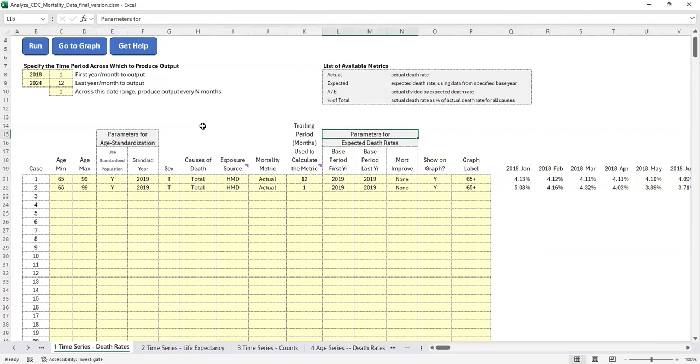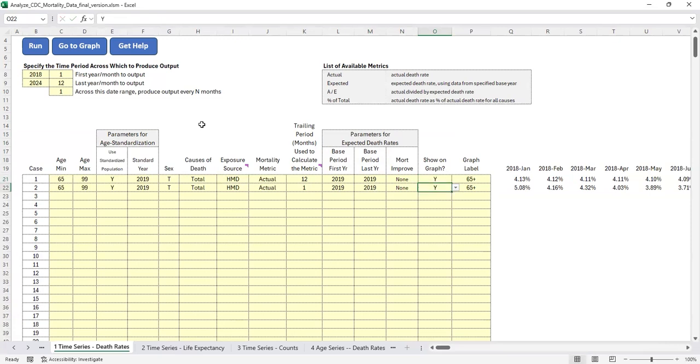These parameters, in columns L, M, and N, are used for defining expected death rates. This is explained in the appendix. So in this example, since we're not using these parameters, I won't get into the explanation. We can either indicate that we would like to place the metric on the graph, or we would not like to.